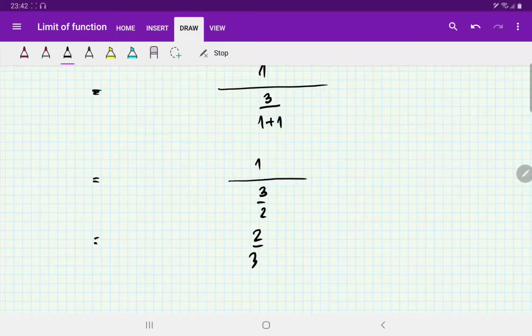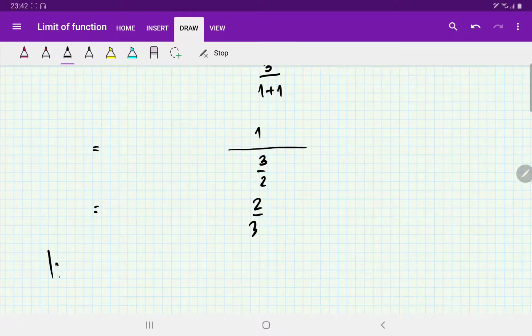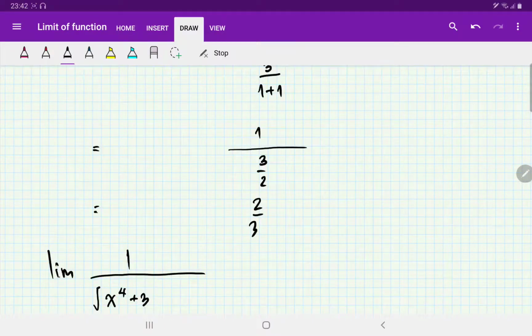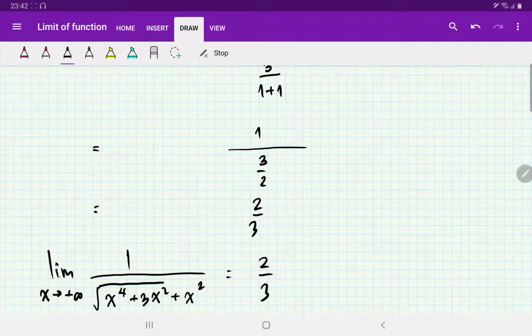So we can solve this limit of 1 over the square root of x power 4 plus 3x squared, plus x squared, as x goes to plus infinity. The solution is 2 divided by 3.